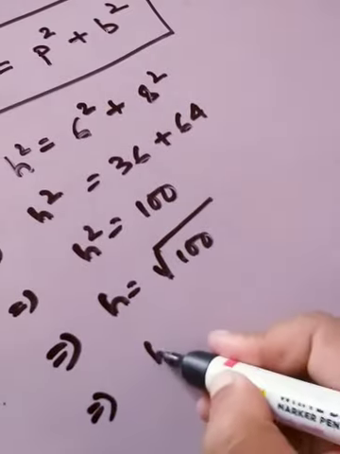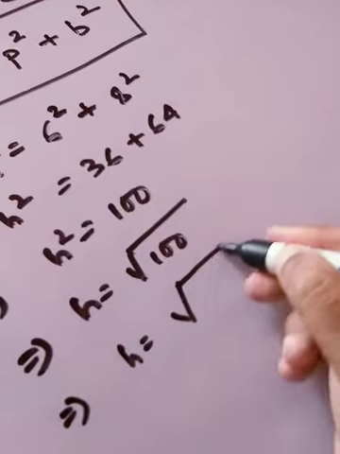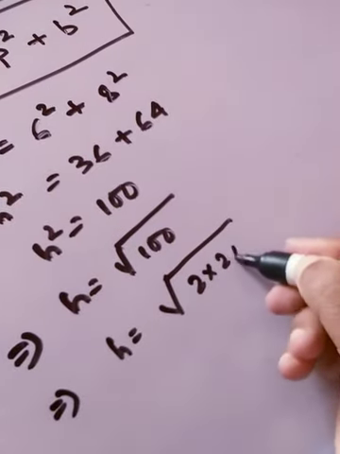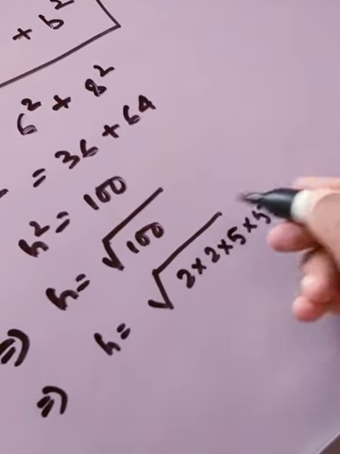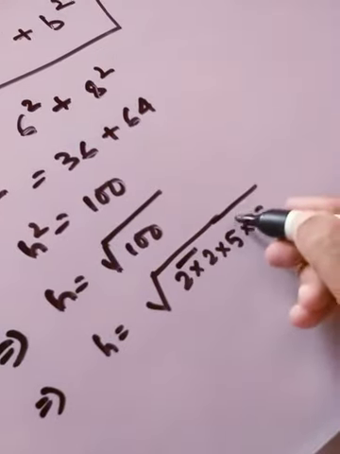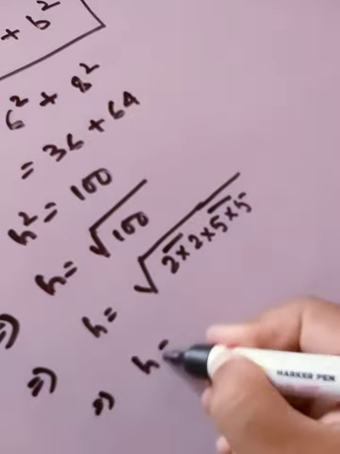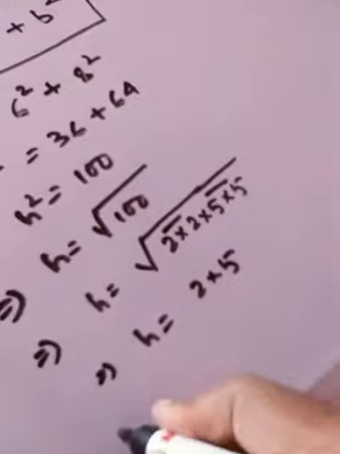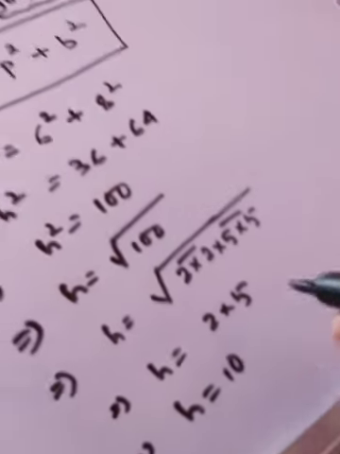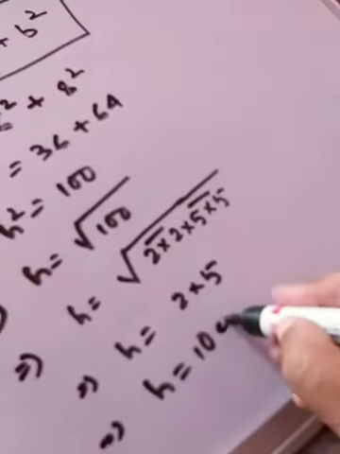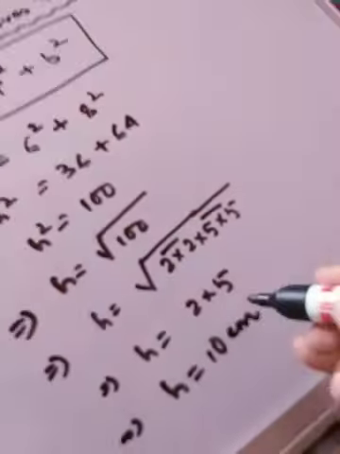So what is the square root of 100? 2 into 2 into 5 into 5, isn't it? Now we'll carry this. So H is equal to 2 into 5. So the hypotenuse is 10 centimeter. Okay, so this is the first solution.